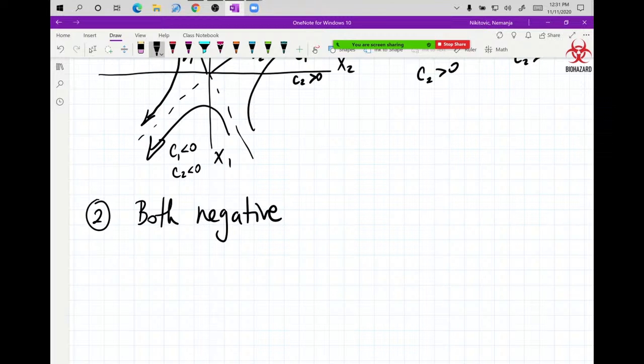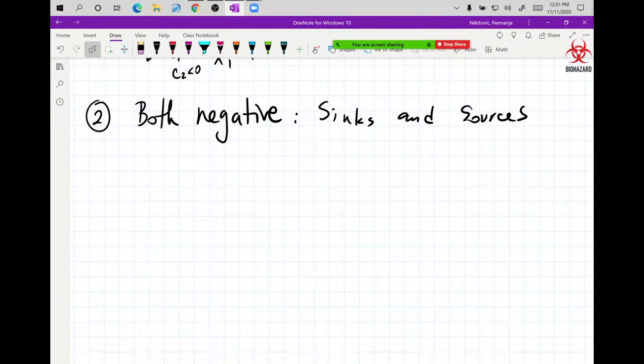So when both eigenvalues are negative, you are going to have sinks and sources. Now, what does that mean? Well, when you draw your solutions x1, x2, there we go. It's hard to draw for me, it's the awkward angle here.